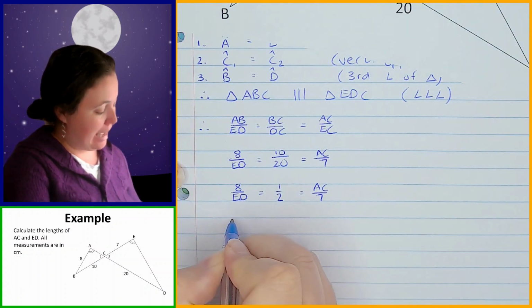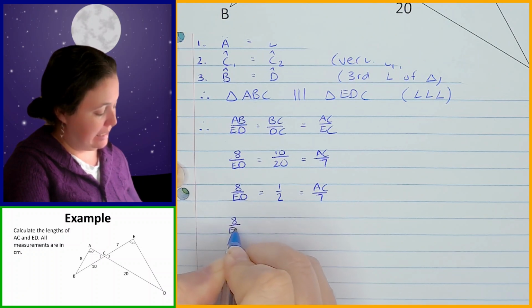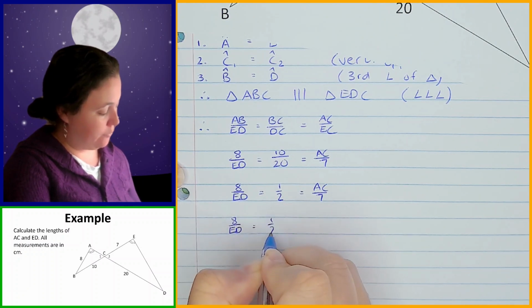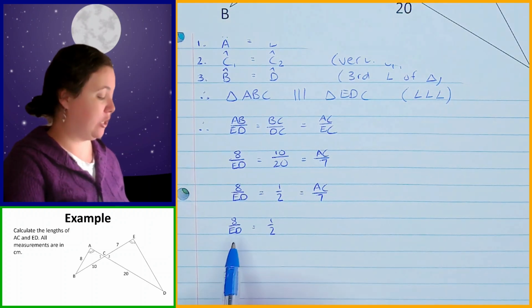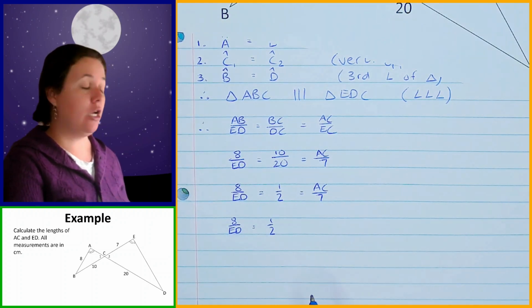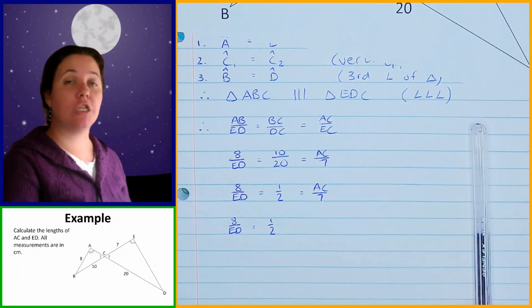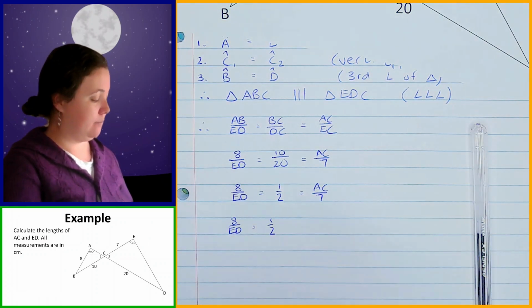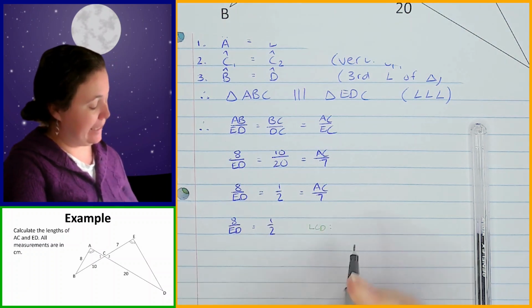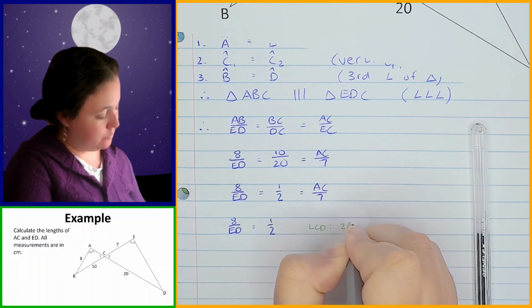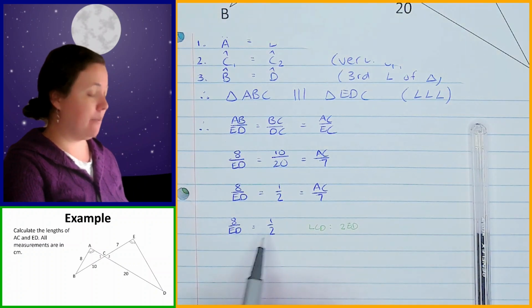So now I can say 8 over ED is equal to a half. Okay, now I can go and work out what ED is by solving this equation. ED is my unknown, so I'm going to solve the equation. So now my LCD over here is 2ED. So I'm going to multiply by whatever is missing.